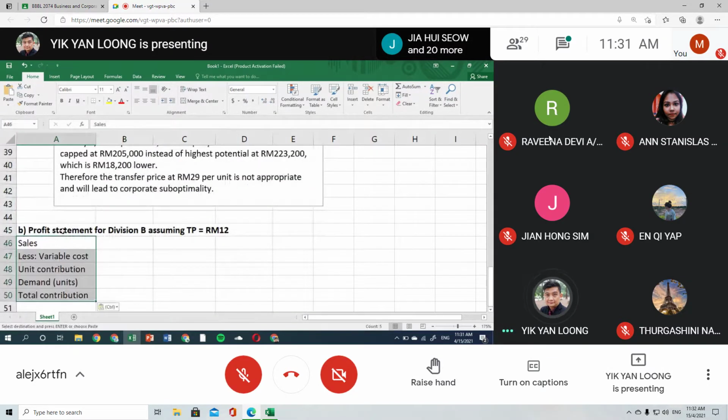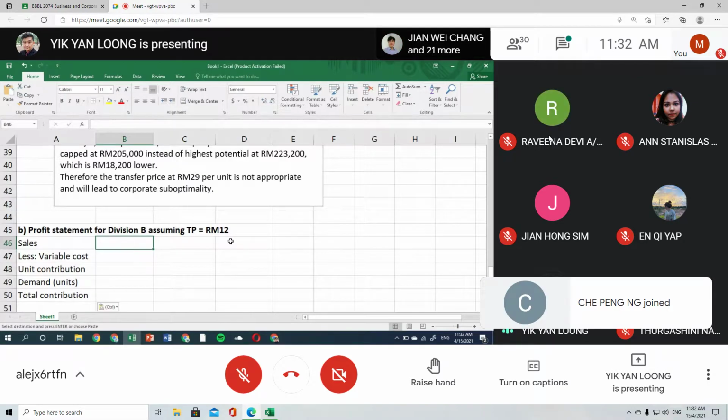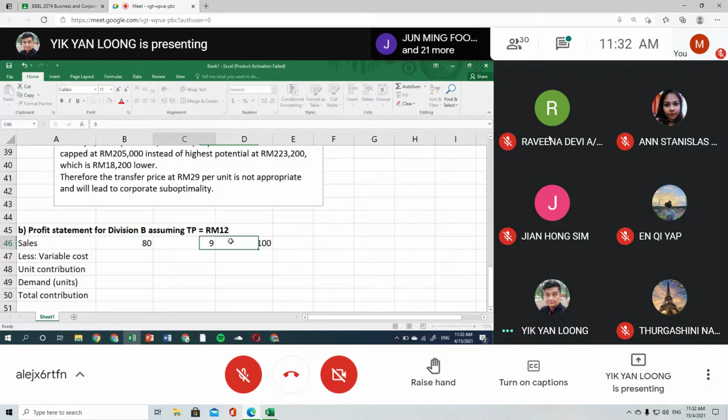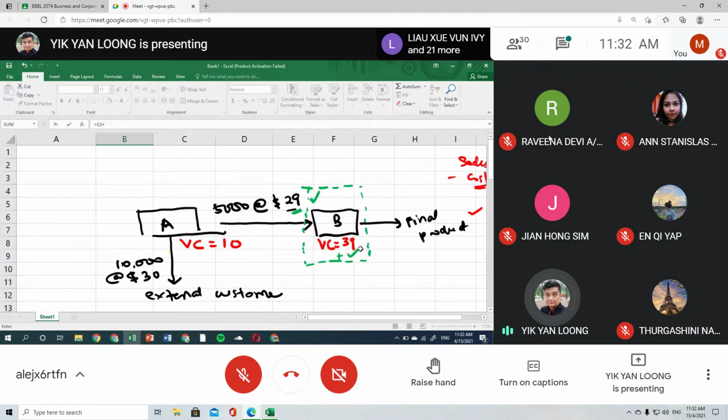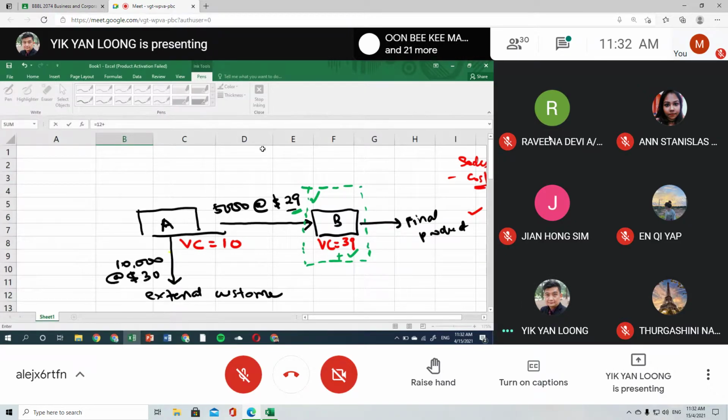Sales will still be 80, 90, and 100. Now our variable cost will be slightly different. Our variable cost will be 12, which is the internal transfer price, plus our existing variable cost of 39. Now I change it to 12 instead of 29. So we change it to 12 plus 39.